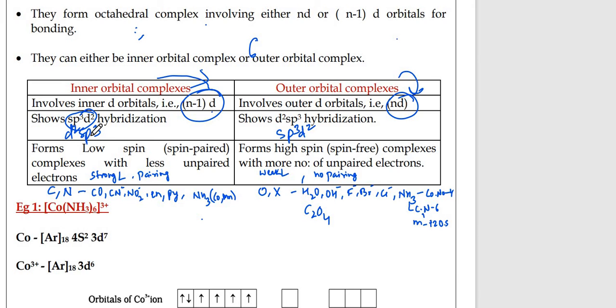Hybridization will be d2sp3 in inner and sp3d2 in outer, and the same thing, inner will involve a strong ligand and outer orbital complex when we have a weak ligand.